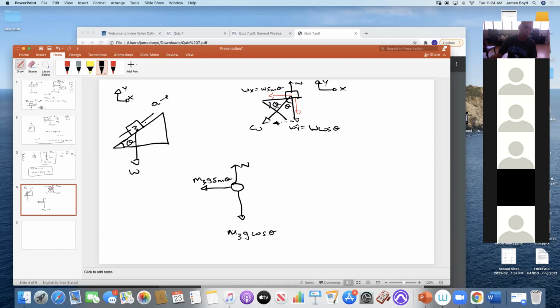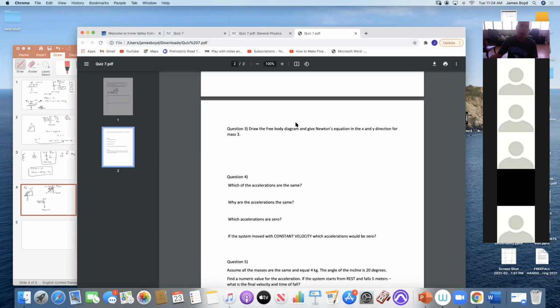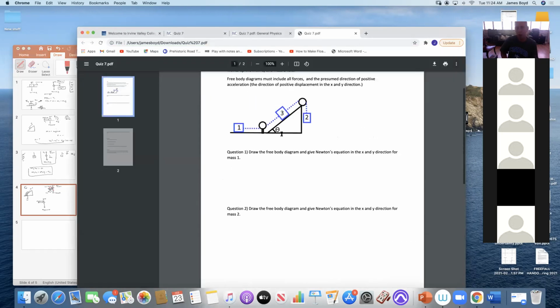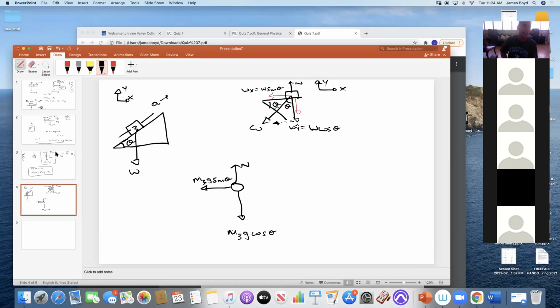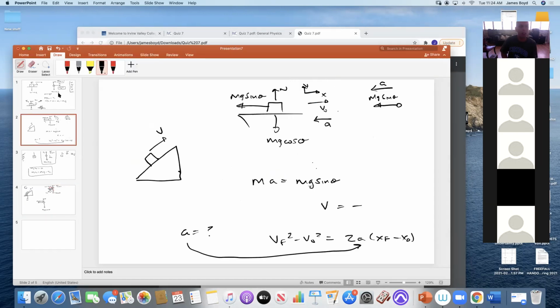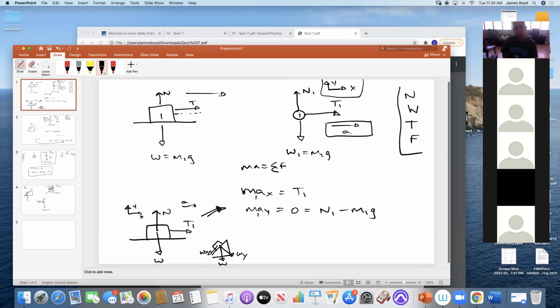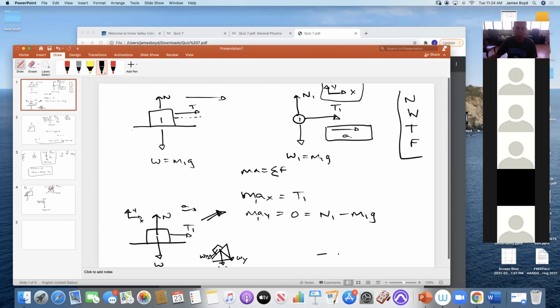And then we have 2 ropes. Now, looking back at our picture, the rope attached to 1 is on the left side of 3. The rope attached to 2 is on the right side of 3. These have to be the same tensions. So T1 here has to be the same as, if I draw it like this, sorry.